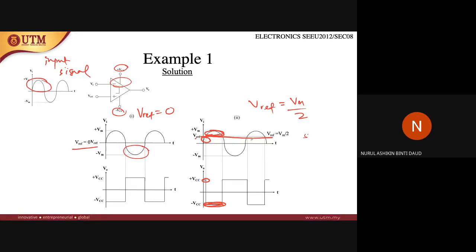You have to be very careful with this kind of question when the V reference is not equal to 0. That's why I advise you to draw the V reference line first before you solve this kind of question. Up until here is okay.